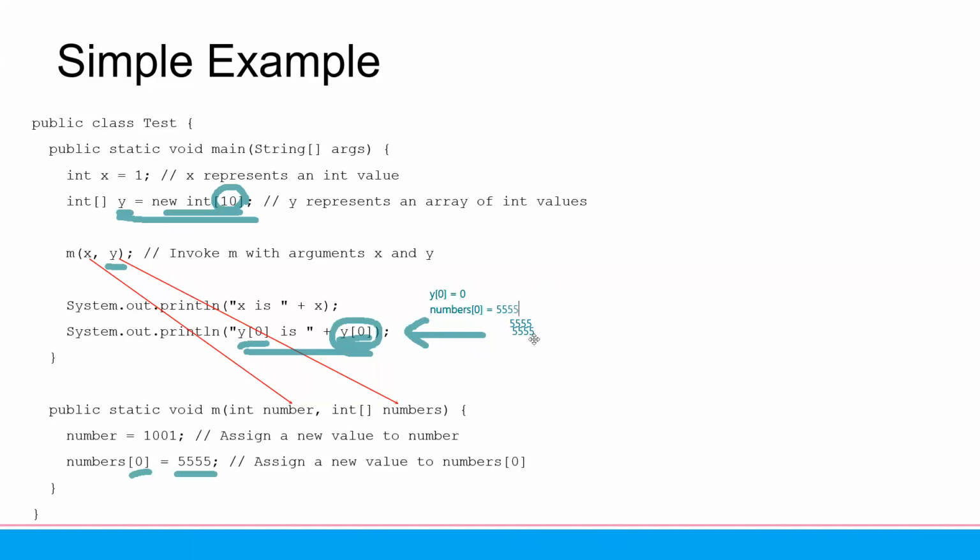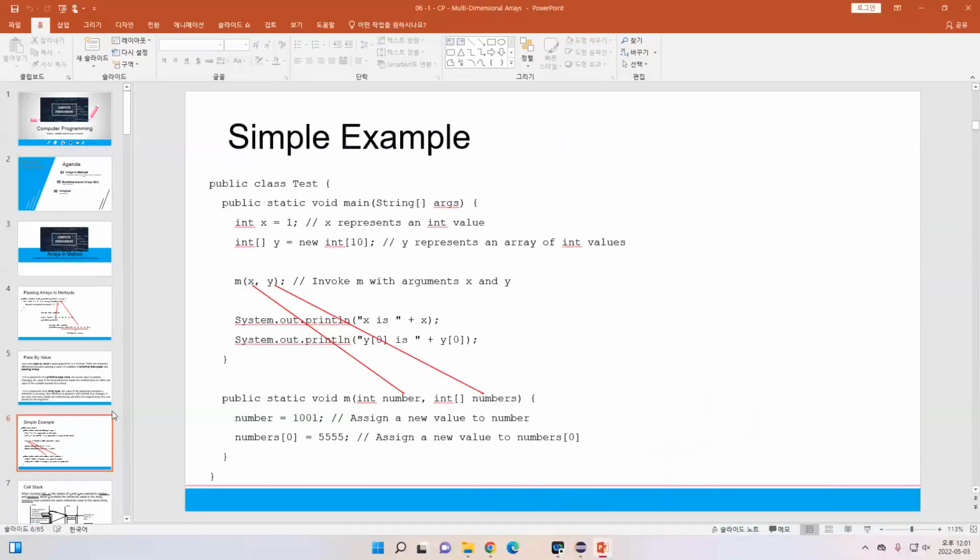What will be your answer for this one? 5555. Okay, so 3 students answered 5555. Thank you, Park Yudo. Park Minju. Yes. What will be your answer? I think 5555. Okay, thank you. So 4 students already answered. Thank you for your answers. Now let's check. What will be the result if I run this one?